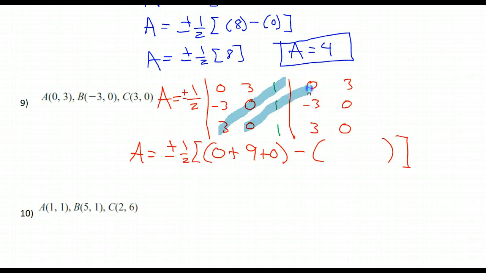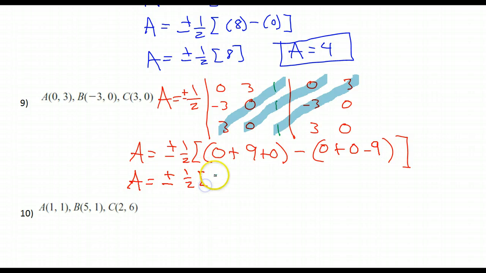Okay, my up diagonals. There's an up diagonal, there's an up diagonal, and here's an up diagonal. Okay, so that's going to be 0, and 0, and negative 9. Alright, which means that the area is going to equal plus or minus 1/2 of 9 minus negative 9.